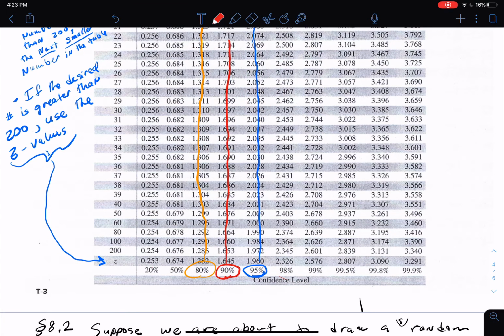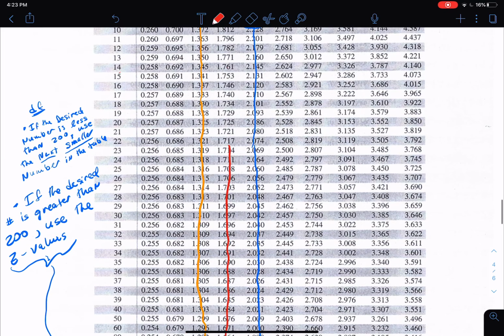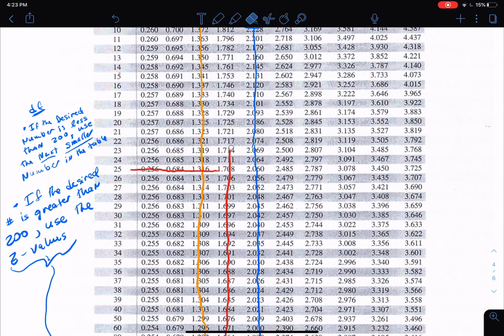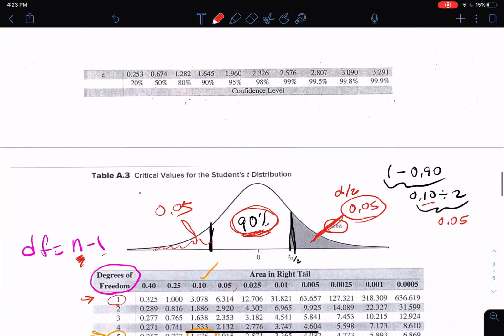And we're going to go with 25 degrees of freedom, which I already passed up, I believe. And so therefore, our critical value should be 1.708.